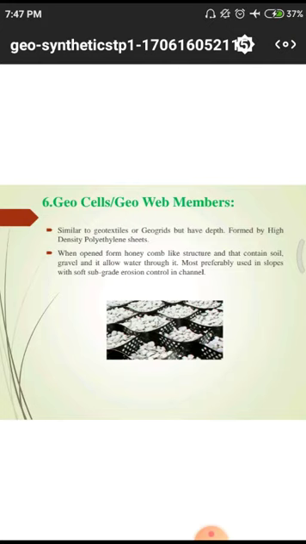They are mostly preferred in sloping areas to protect against erosion, with soft subgrade erosion and control in channels. Similar to geotextiles we have to utilize them here, but in the case of geo webs we have high depth and thickness values.